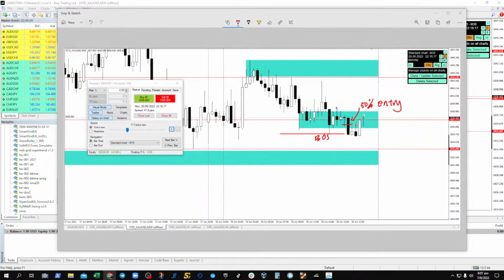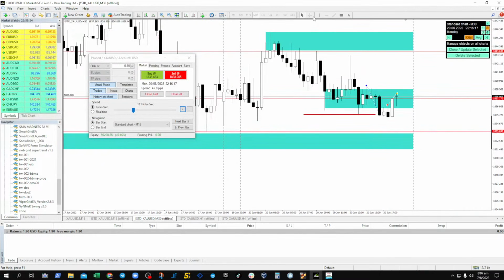It gave us minus 2%. This is trade number 27. Date is 20th June, and we took this trade about 17 plus 5 for 22, 10:30 p.m. Wow, that's very late in the session.